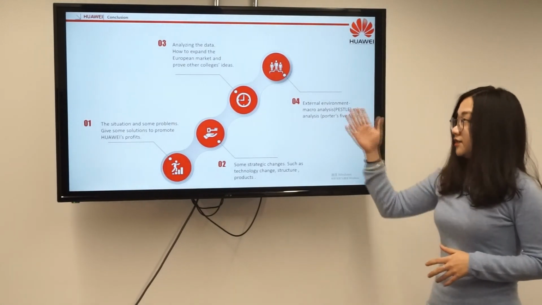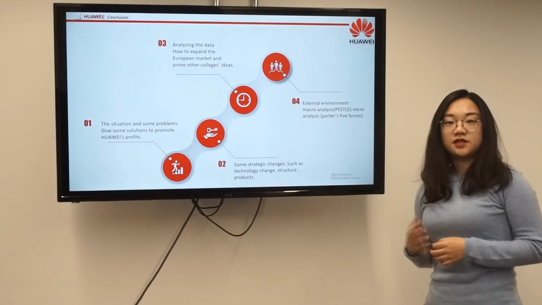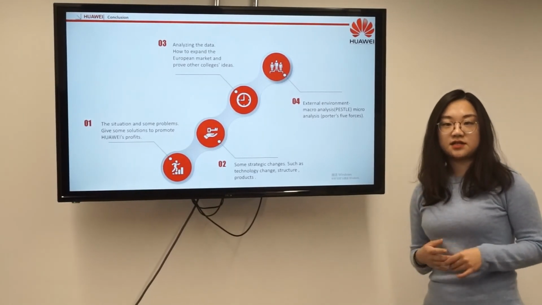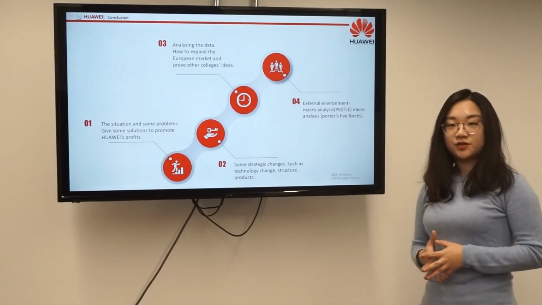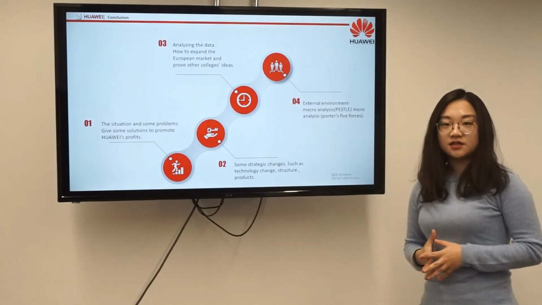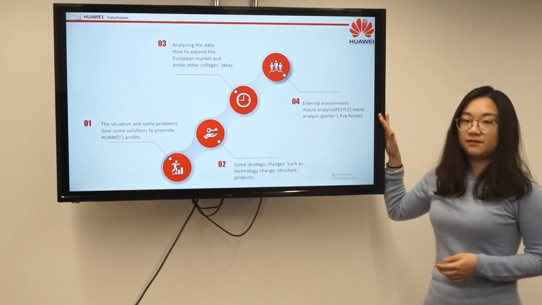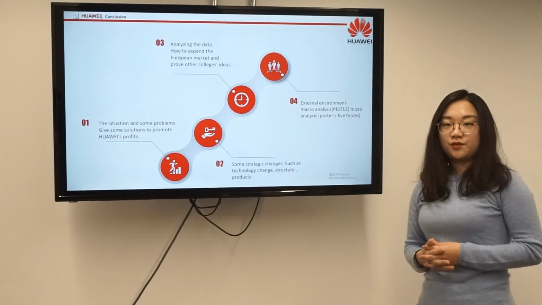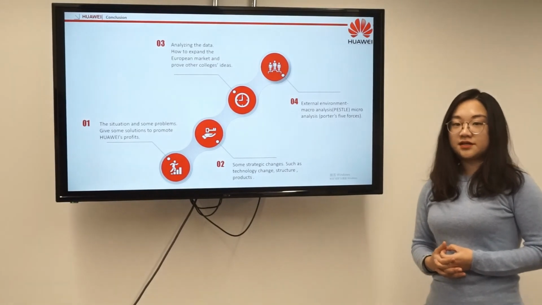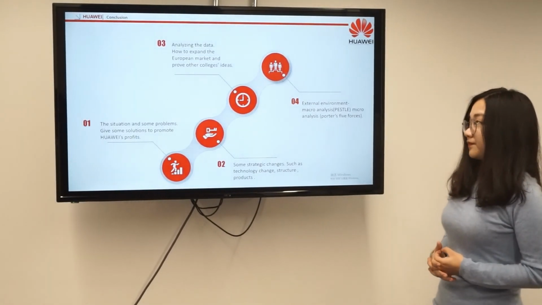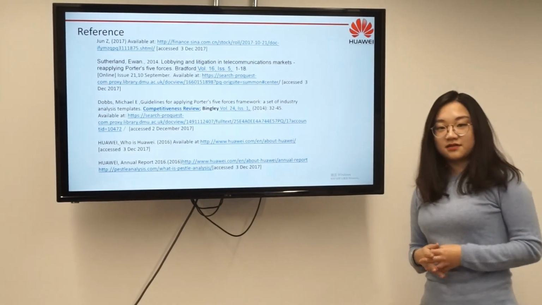In the third main part, Jiang Zhen showed us the analysis of specific data, and analyzed each of them. Of course, he also showed us how Huawei can expand the European market and proved other colleagues' ideas. My last partner, Huawei, went through macro analysis and micro analysis to analyze the external environment. That's all our reference. And that's all about our presentation.